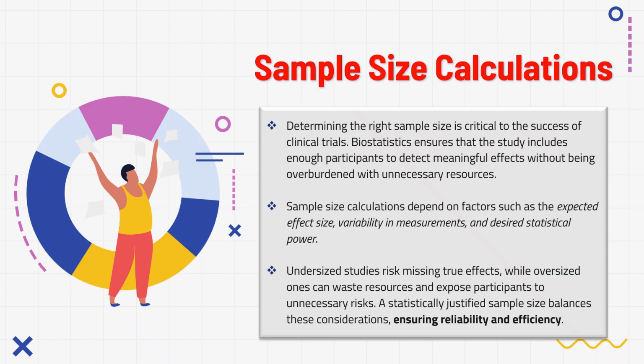That is why a statistically justified sample size or sample plan balances these restrictions and considerations. When we have an optimal sample size, it clearly tells you about the reliability and efficiency of the clinical trial that we are going to carry out. So that is about sample size calculations.